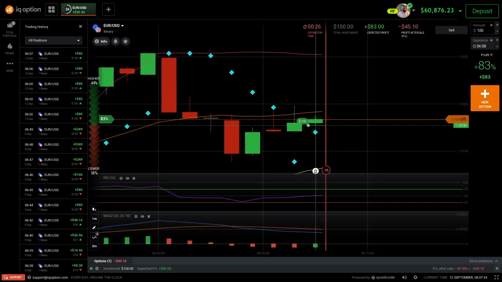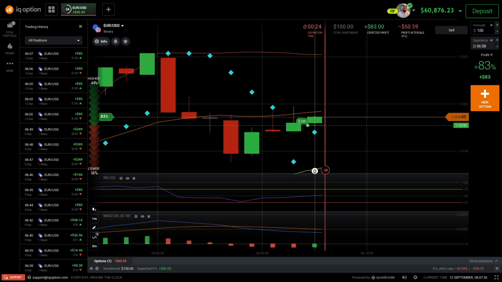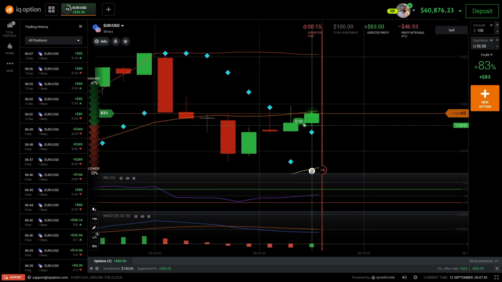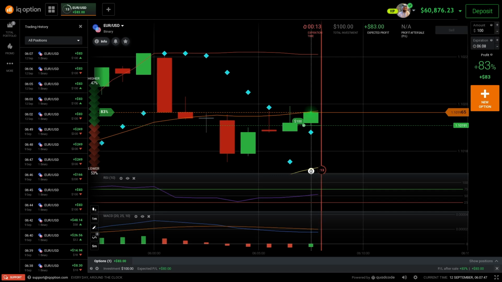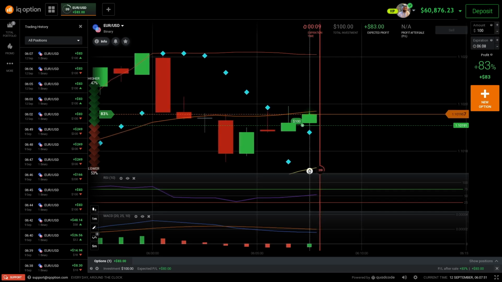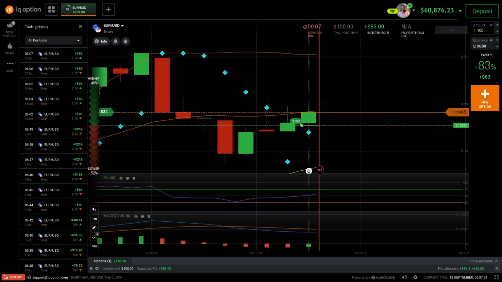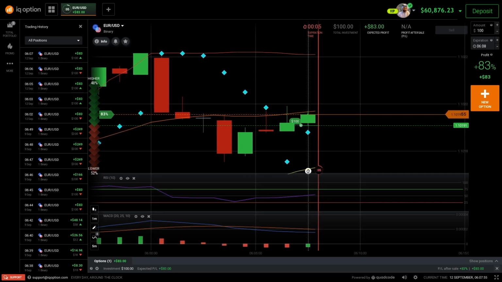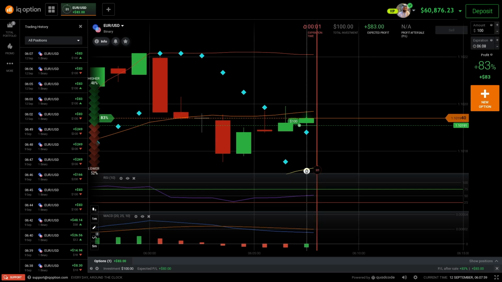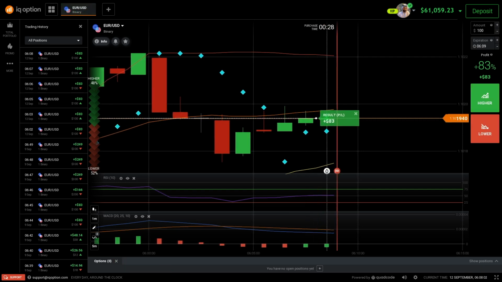Typically, it's preferred to use 1 to 2% of your account per trade because it's a safe rule. So don't use more than 1% of your capital. All right. Here I'm using $100. That's more than 1%, but that's okay. I'm in a safe zone here.